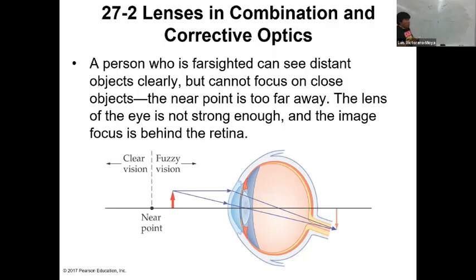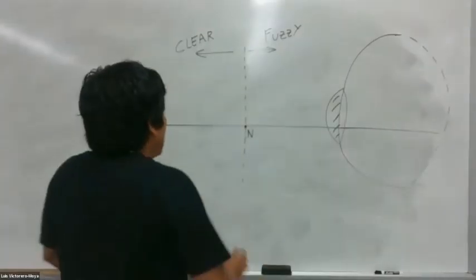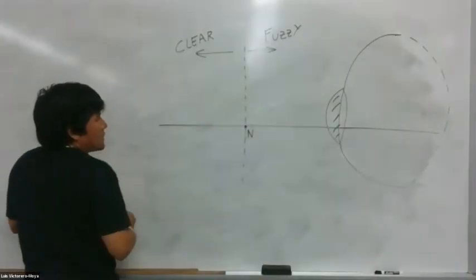So similarly to what we did with the other lens, we're going to have your eye like that, and then this becomes like that. So when you are far-sighted, objects that are here you can observe.